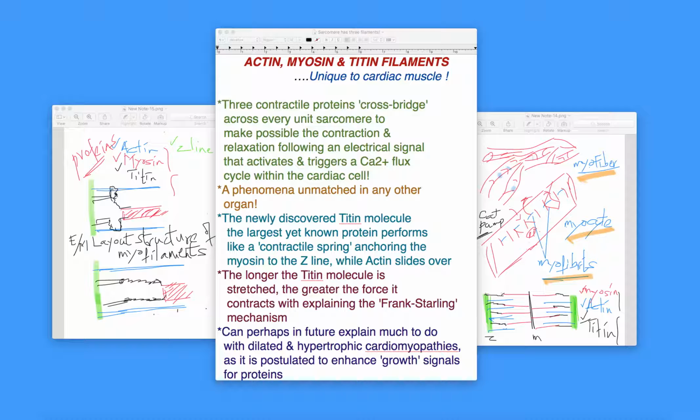Now, the cross bridges are being anchored by what you may call titin, and these titin filaments are supposed to be the longest and the largest proteins that exist within the human body we have found so far, and they're curled up like this. They're like the springs of a ballpoint pen, if you will, electron microscopically. So the more you stretch the spring, the greater is the tension that will retract back. So try stretching a spring.